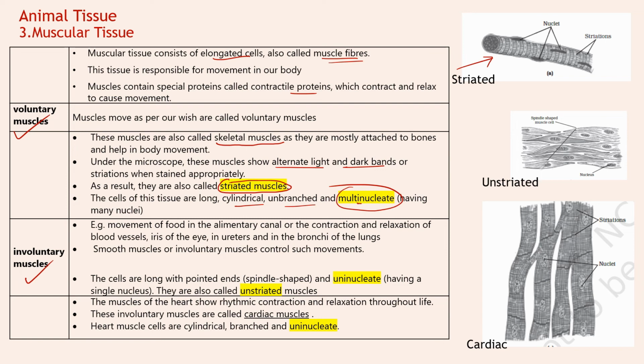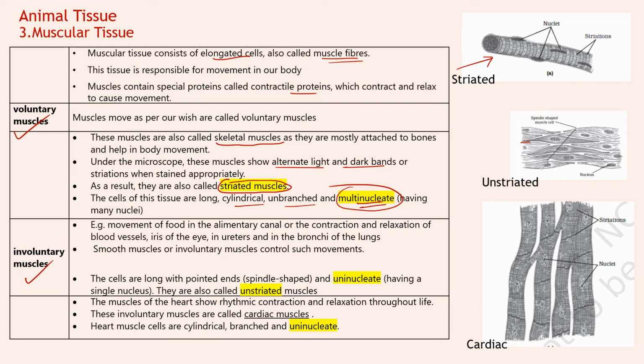So they are multinucleate. Whereas involuntary muscles work on their own. They do not work as per our wish. They are present in the alimentary canal, blood vessels, iris of the eye, the uterus and bronchi of the lungs. These are all the places where we can find involuntary muscle. Smooth muscles, or involuntary muscles, control all the movement in these organs.